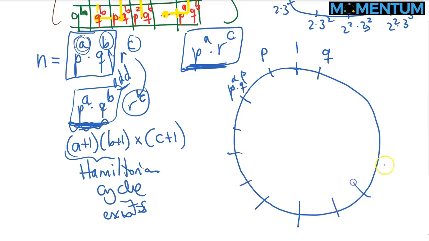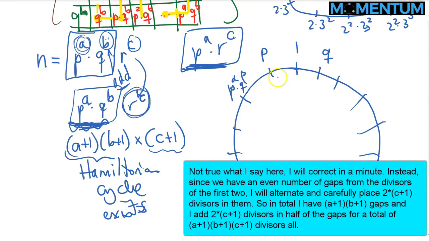So already you have a construction for P to the A times Q to the B. So all I now need is to add the remaining ones related to C onto this picture, and it's quite easy. So all you do is you start with each and every single gap. In total we have (a plus 1) times (b plus 1) gaps, and into each gap I'm going to add c plus 1 divisors.